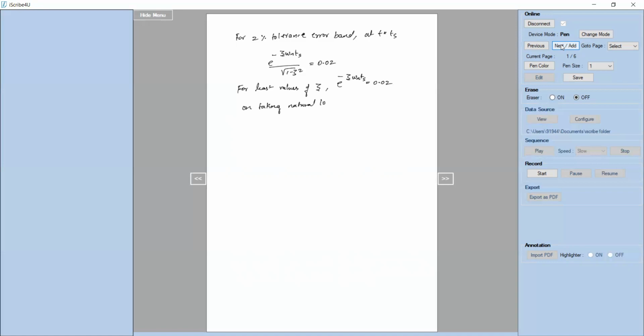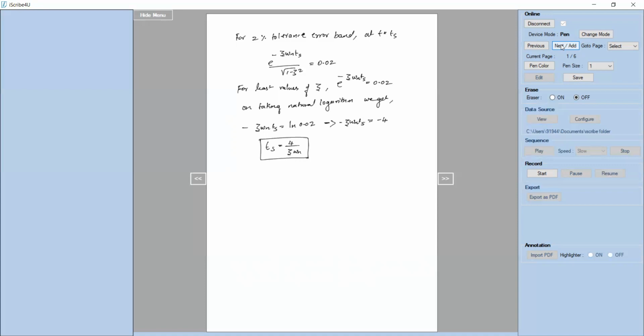Taking the natural logarithm on both the sides, we get minus zeta omega n ts as the natural log of 0.02. This implies minus zeta omega n ts will be equal to -4. So this implies ts is equal to 4 divided by zeta omega n.